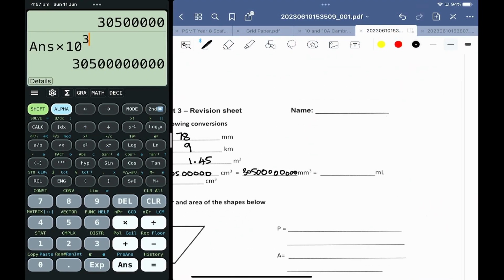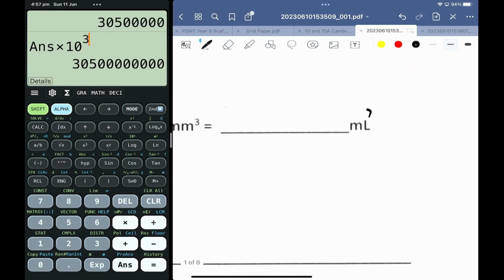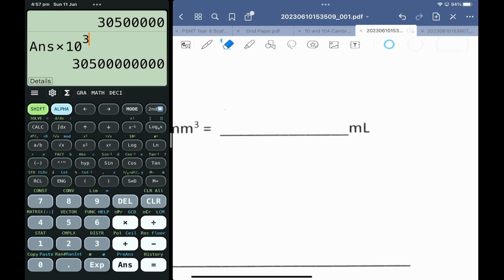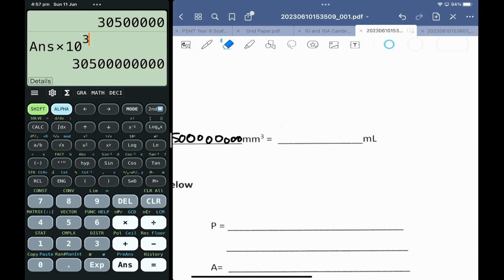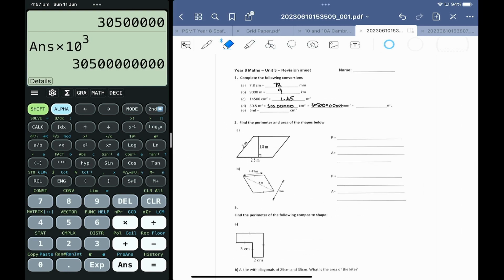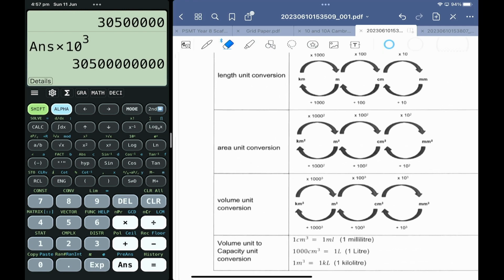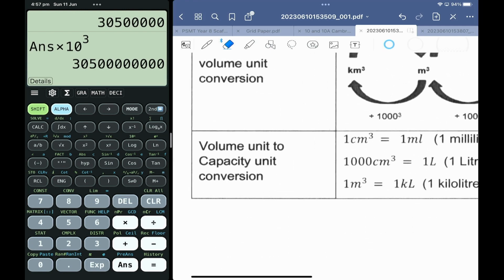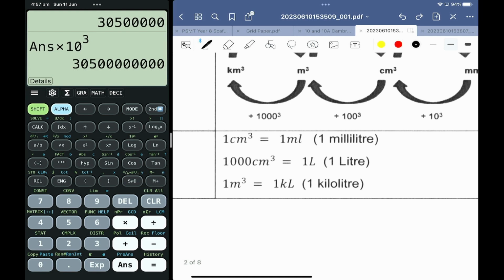Okay. Now the last one here, it says to convert to milliliters. So for this one, we look at the bottom here where we have our volume unit to capacity unit conversion. And we're looking for 1 centimeter cubed is equivalent to 1 milliliter.